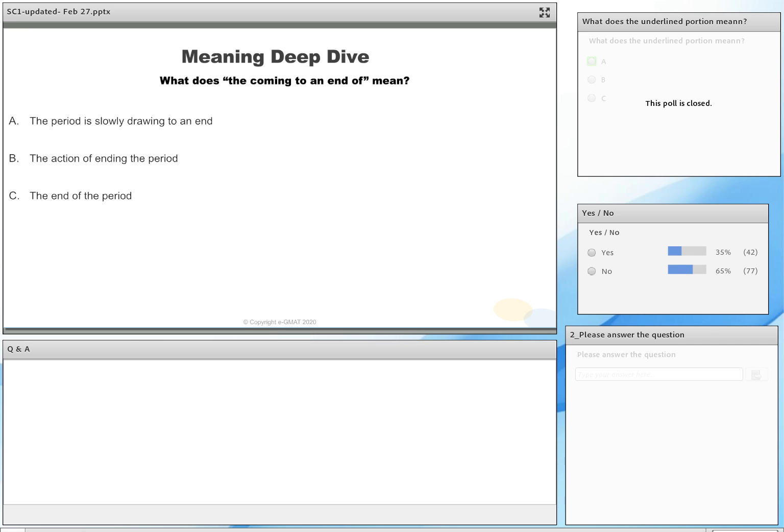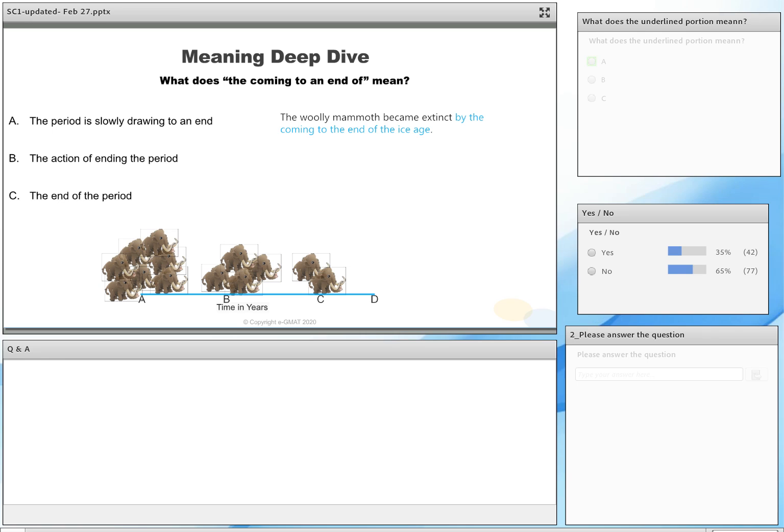All right, so let's talk about this, because this is really important to the meaning of this sentence. So choice A, the period is slowly drawing to an end. So look at our woolly mammoths here. If we have this timeline, okay, the woolly mammoth became extinct by the coming to the end of the Ice Age. So this tells us that in time period A, we had all these woolly mammoths, right?